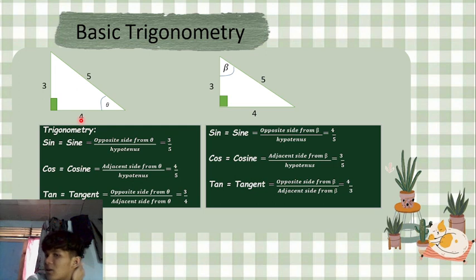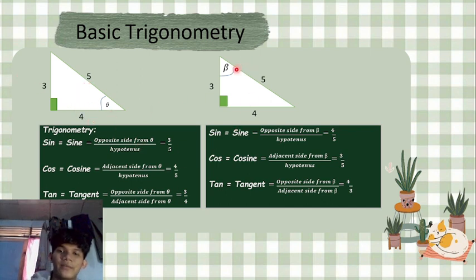Cosine theta is equal to adjacent side from theta over hypotenuse, which is 4 over 5. Tangent theta is opposite side from theta over adjacent side from theta, which is 3 over 4.